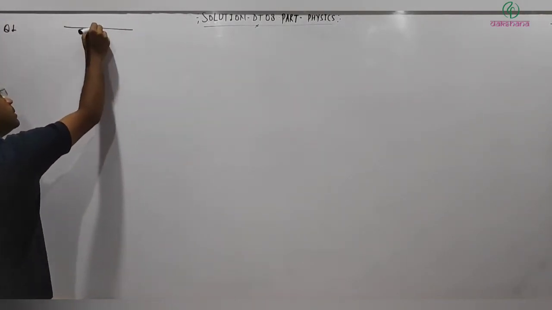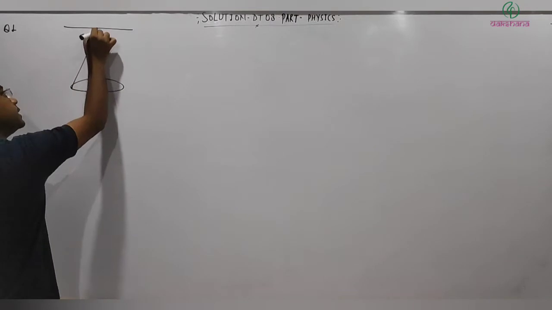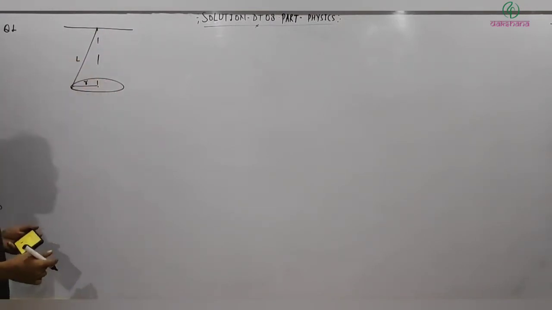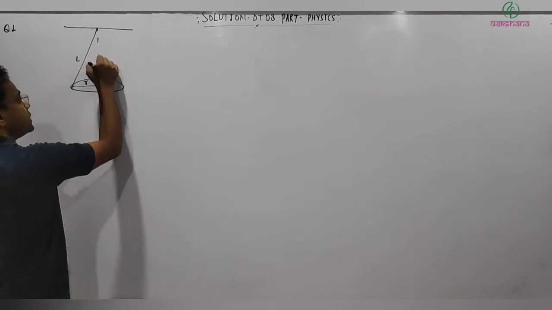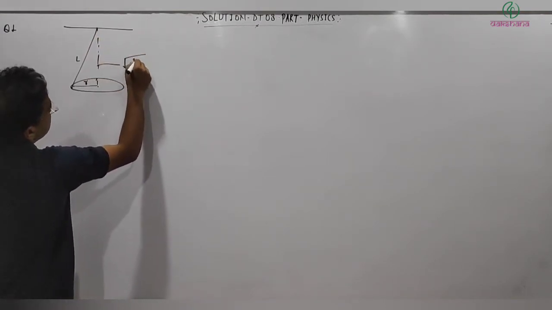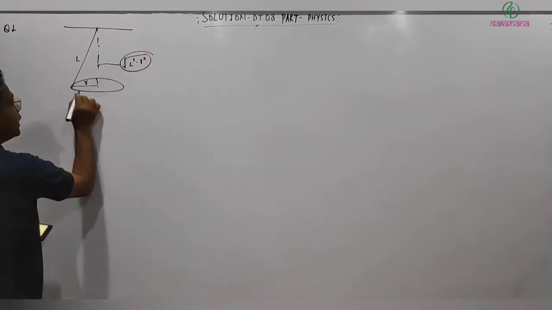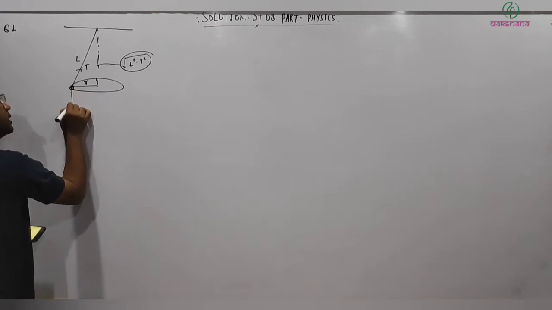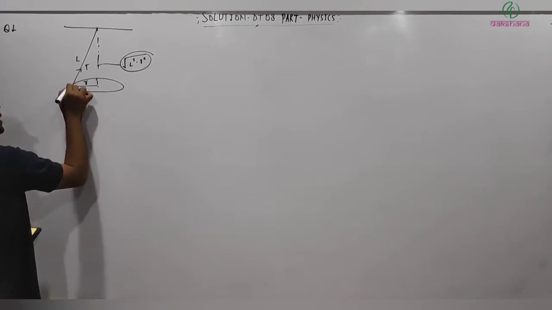Here there is one particle rotating like this, its radius is R and the length is given as L. So the vertical height will be under root L square minus R square. Let T be the tension and the weight of the particle is mg.